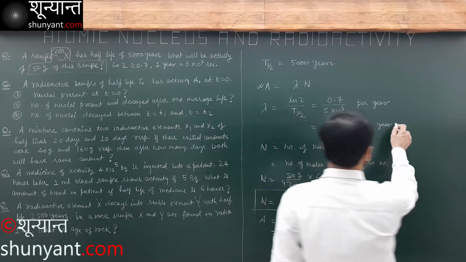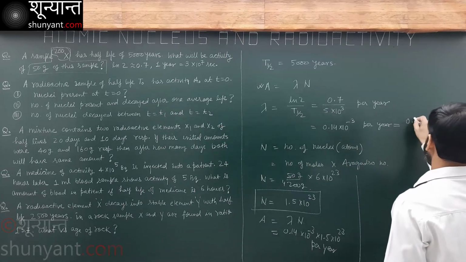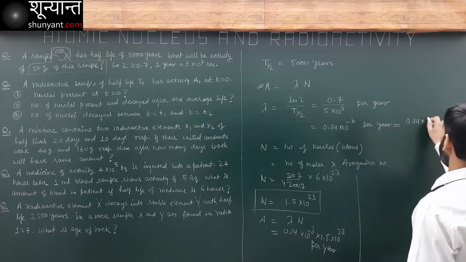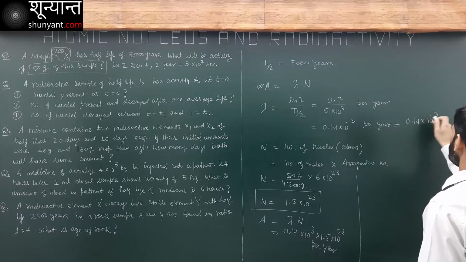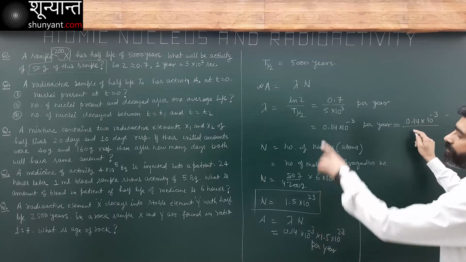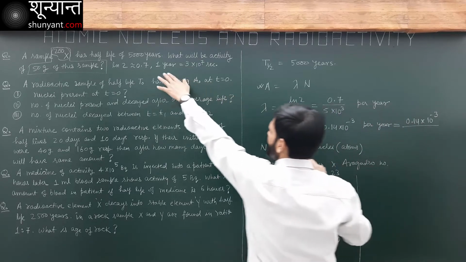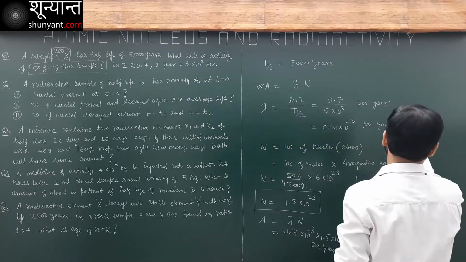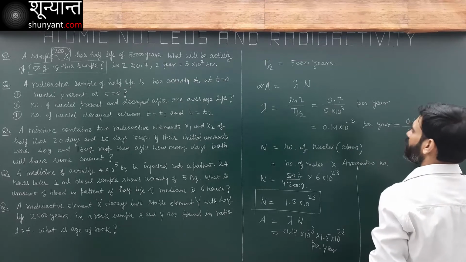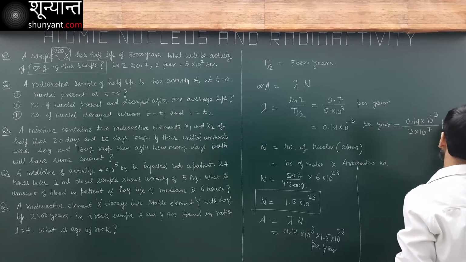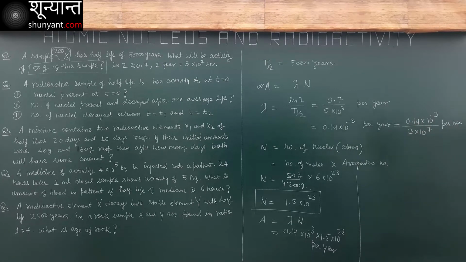So this will be equal to 0.14 into 10 power minus 3 per year, divided by the number of seconds in 1 year, which is 3 into 10 power 7. Now this becomes per second. You understand this?